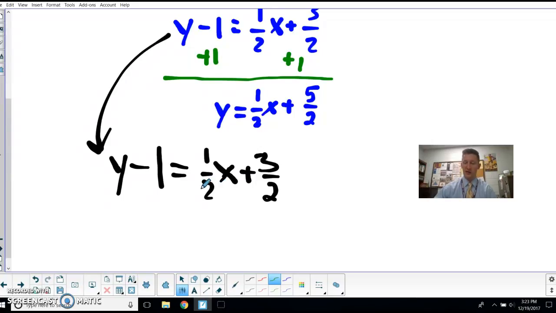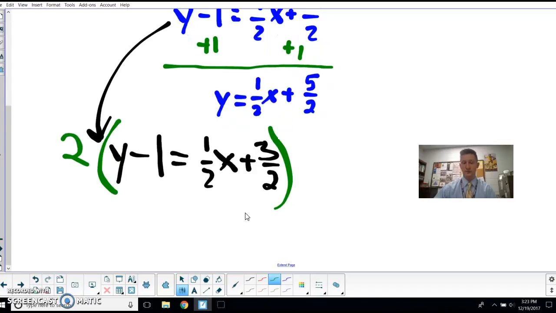So I need to get rid of the fact that I'm dividing something by 2. I'm going to multiply everything by the common denominator. The least common denominator of all these would be 2. So I multiply everything by 2. Here's what happens. I'm going to have 2y minus 2 is equal to 2 times 1/2 is 1, so it'll be just x. And 2 times 3/2 is going to be 3 because the 2's will cancel.